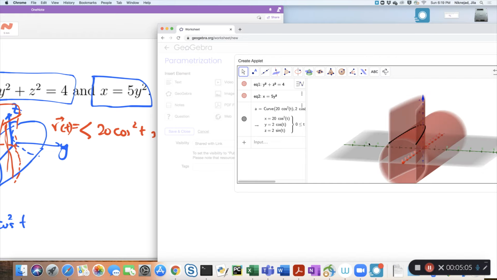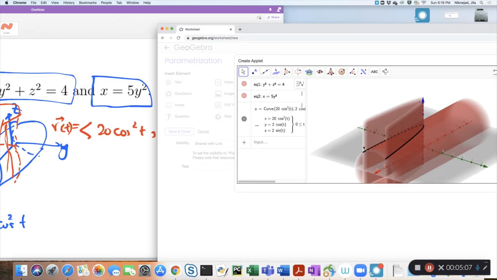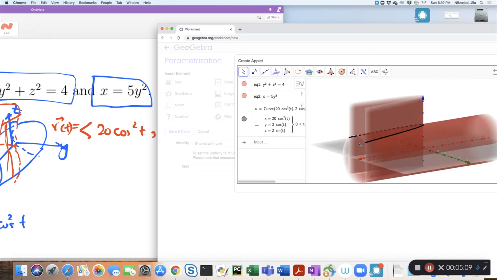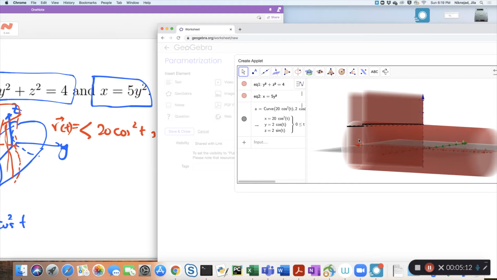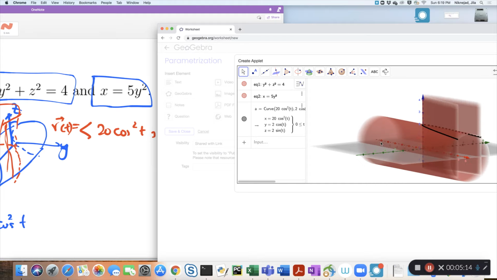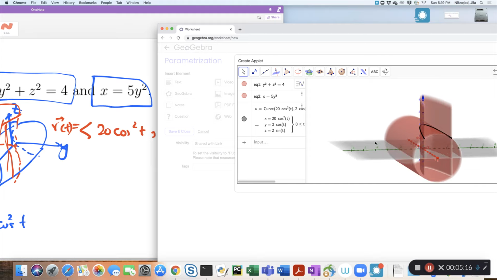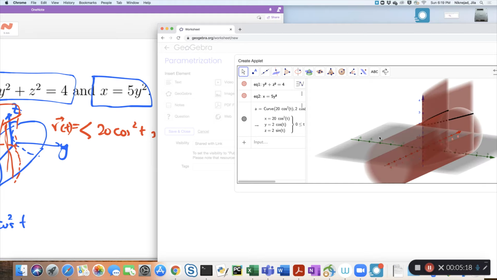And it perfectly gives me one of those parameterizations, the top one, basically. You can see that that's the intersection that you're expecting.